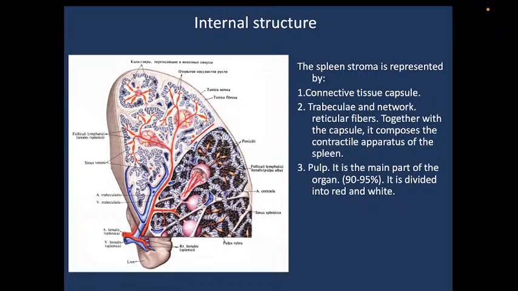Usually we see two parts of the internal tissue. We call them pulp. Pulp is the internal tissue of the spleen, and there are red and white pulp in the organ.